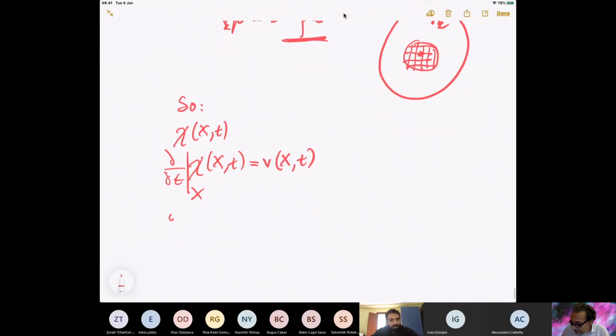If you derive another time with respect to time having capital X blocked, you have the acceleration in the Lagrangian description.